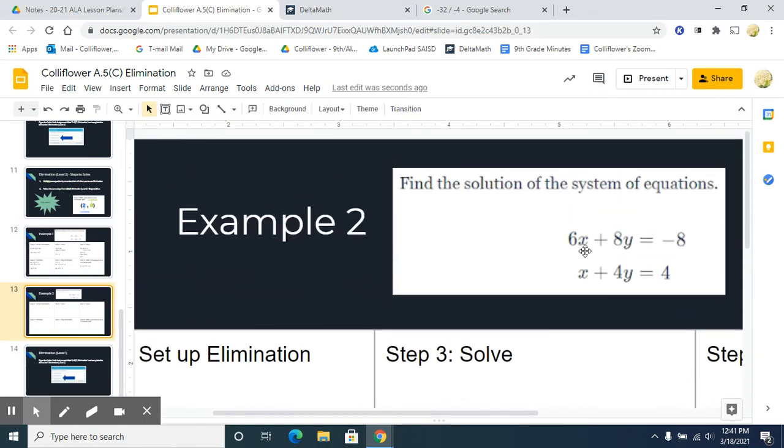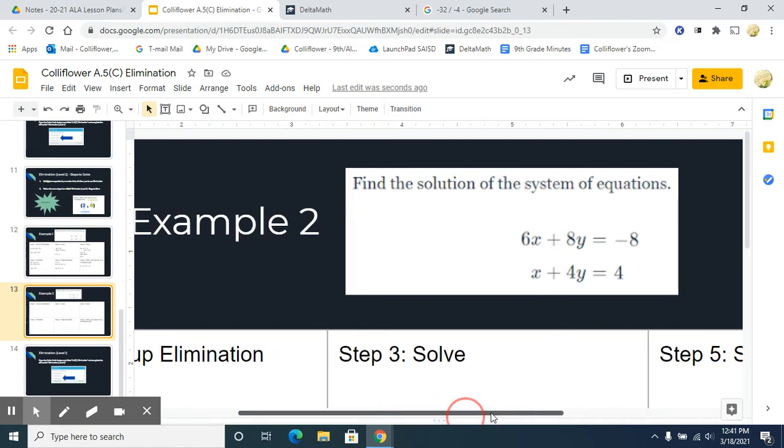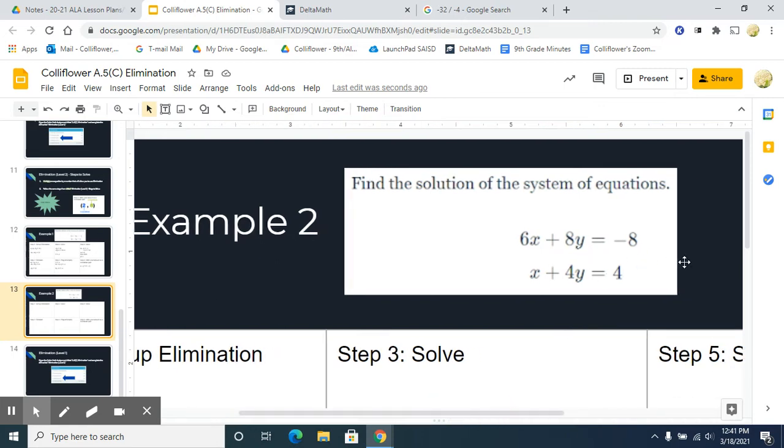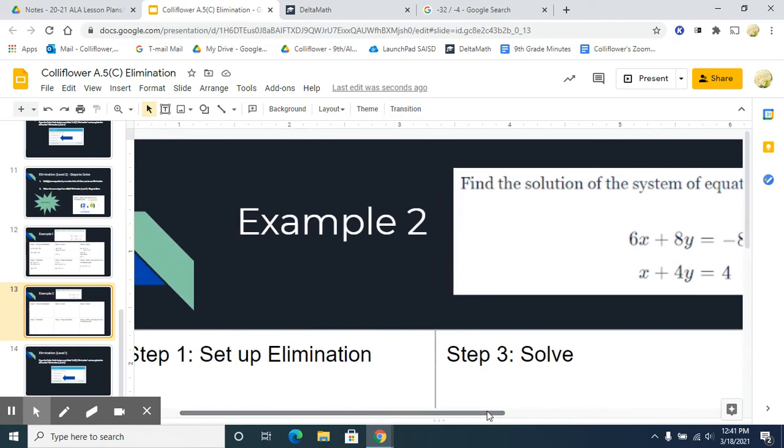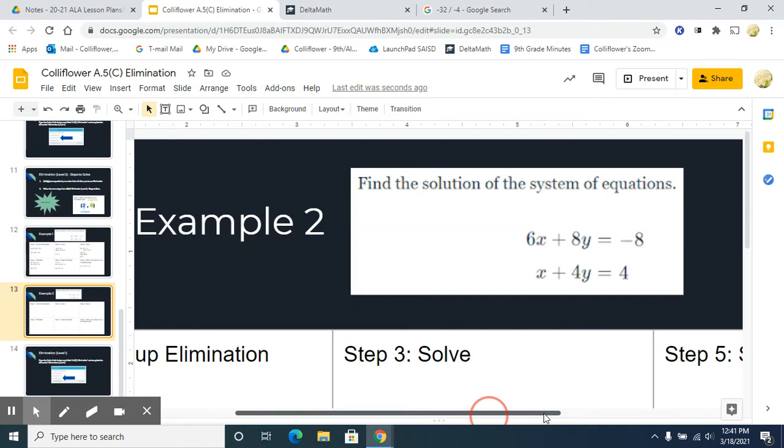For example 2, we're going to find the solution to this system here: 6x plus 8y equals negative 8, and x plus 4y equals negative 4. First thing I need to do is set up elimination by multiplying one of these equations given to me by some number.